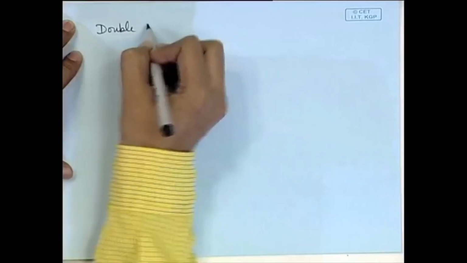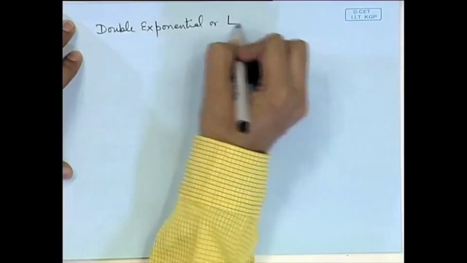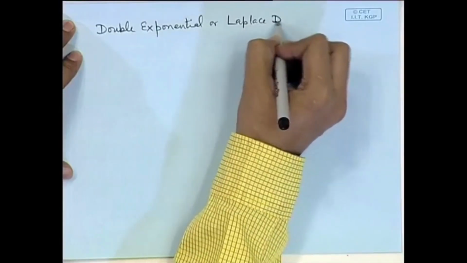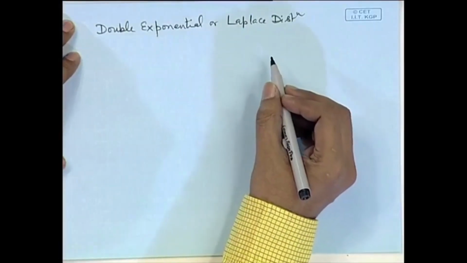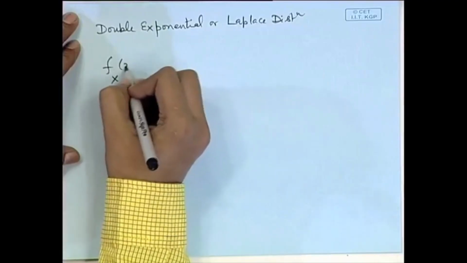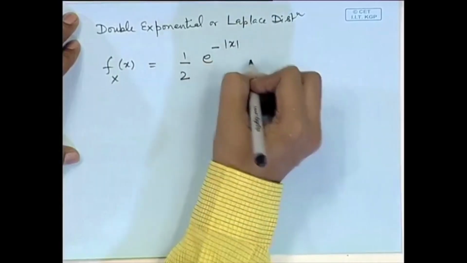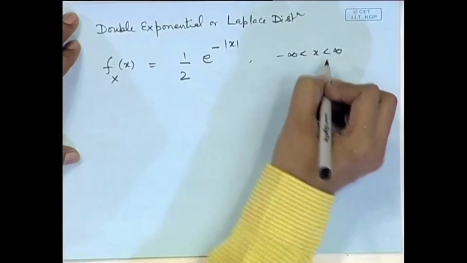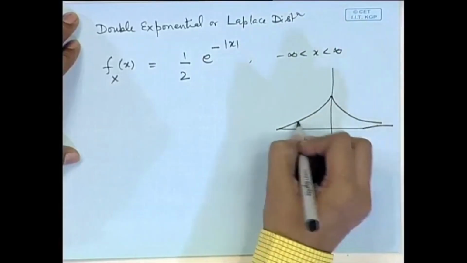Next we introduce the double exponential or Laplace distribution. If we remember the exponential distribution, the density was on the right side of the axis. If we consider the density on both sides of the axis, this is known as a double exponential distribution.